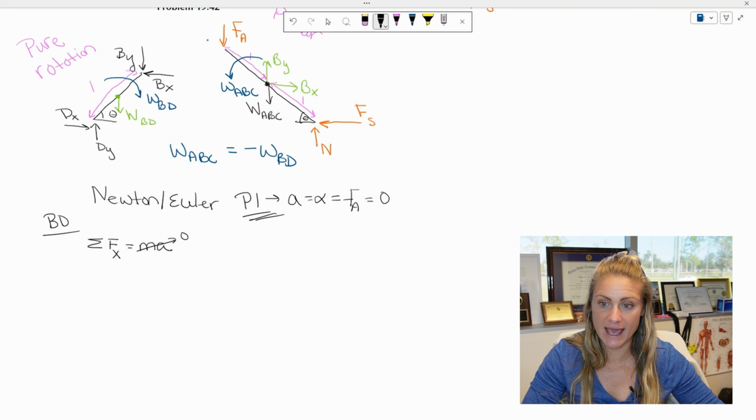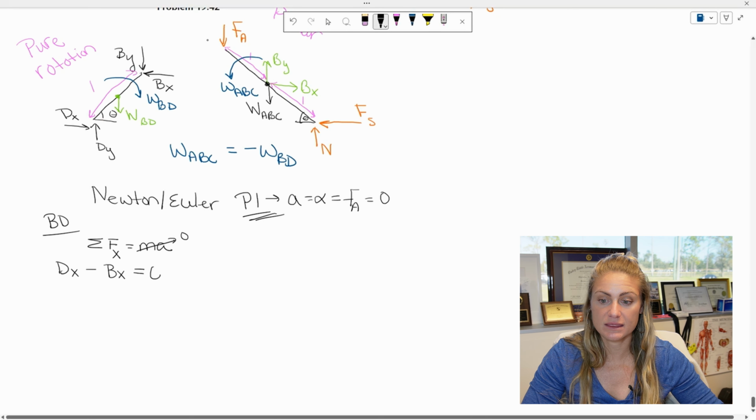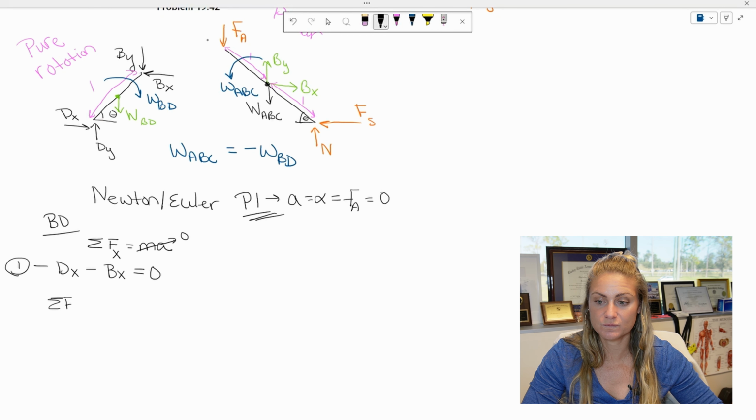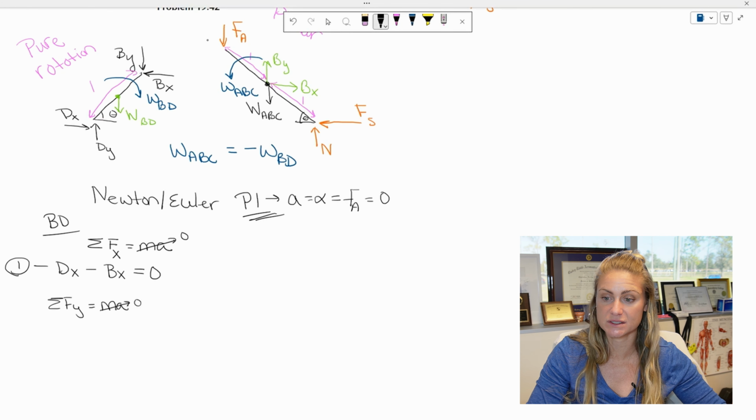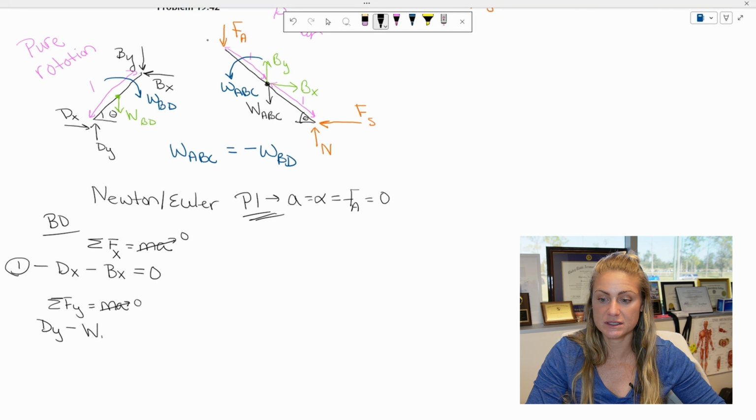My forces in the x is going to be Dx minus Bx equals 0. This is my first equation. I'm going to do the same thing for the y. Again, my acceleration in the y is 0 because it's in equilibrium at position 1. My y is going to be Dy minus my weight of BD minus By equals 0.